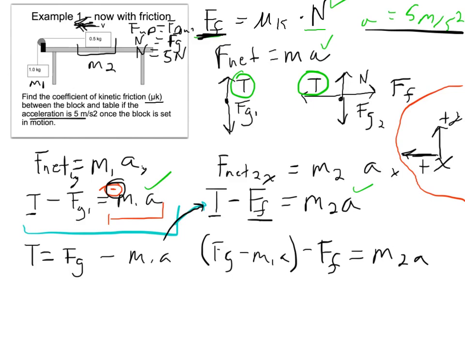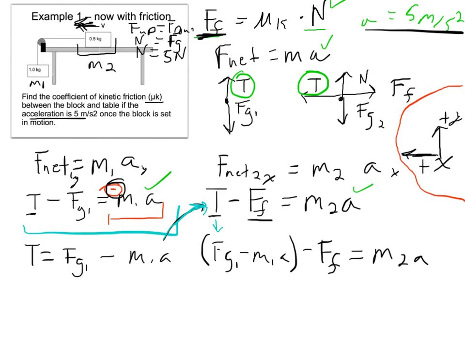And before anybody gets confused, let's just remind ourselves that this Fg is the Fg from box 1. This term in parentheses here is simply the tension from above, substituting the tension I found from box 1's equations into box 2's equation.